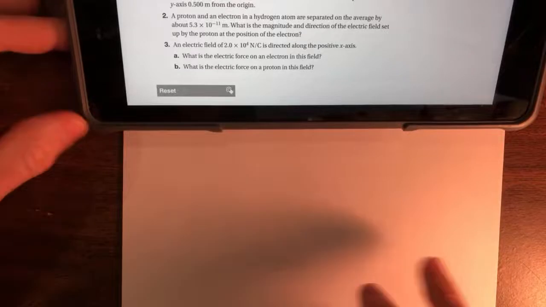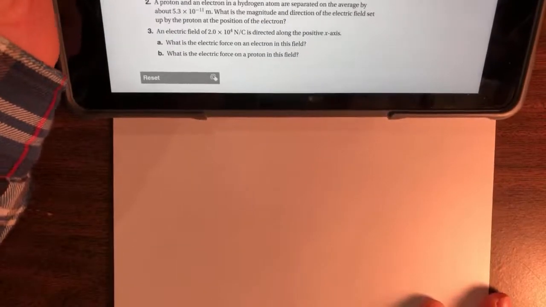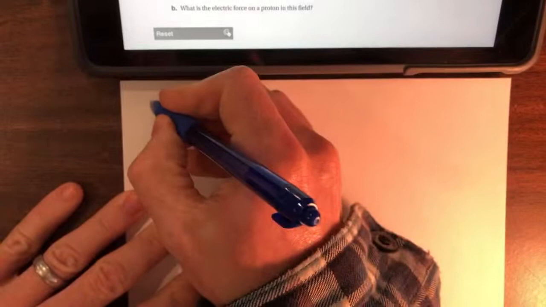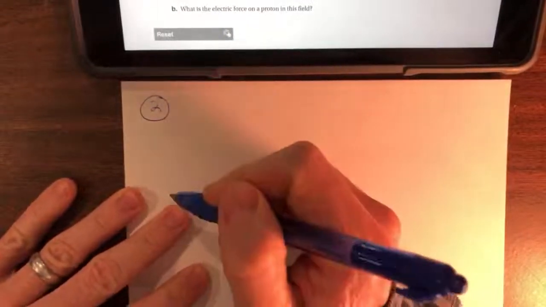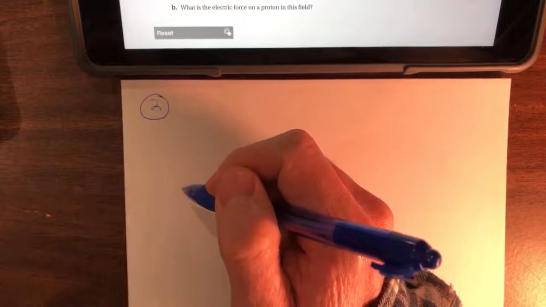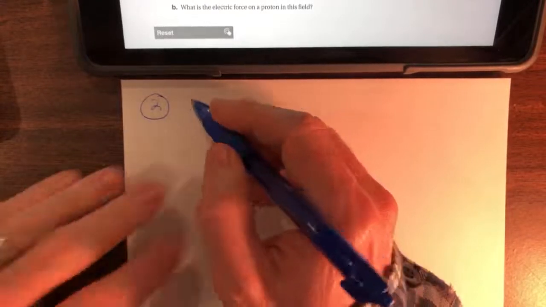All right, now let's jump right into number 2, because I think we skipped number 1. We didn't need to do number 1 for this one. So we're on number 2 in the homework. You've got a proton and electron, and both of them have the same charge magnitude.